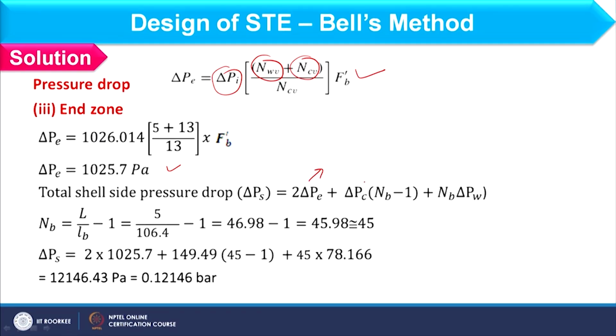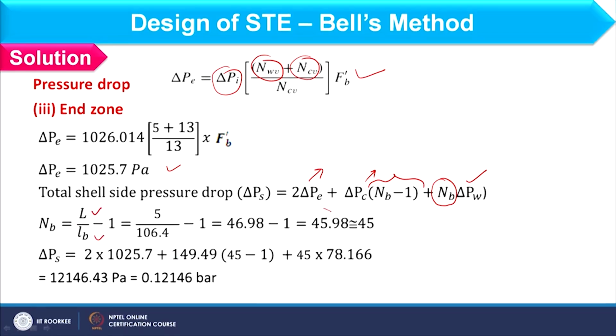that is the pressure drop in the cross flow zone into the total cross flow zones, and similarly the pressure drop in the window zone into the total window zones in the shell. Here we have to find out the NB value, the number of baffles, which should be equal to capital L by LB minus 1.